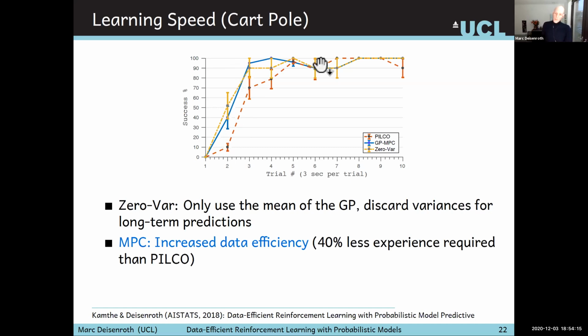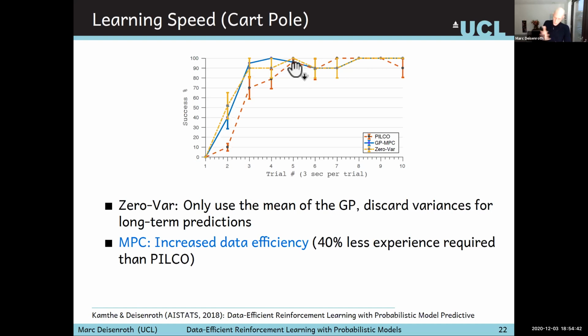But what we see from this graph, if we're looking at the yellow and blue curves, we achieve a high percentage of success, let's say about 90% after 3 trials. And compared to the red line, which is the other approach, the non-model predictive control approach, that exceeds the threshold of 90% success rate after 5 trials.